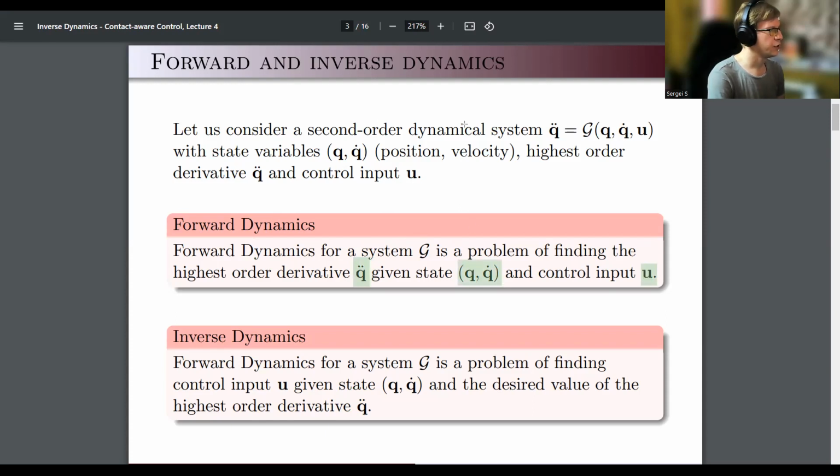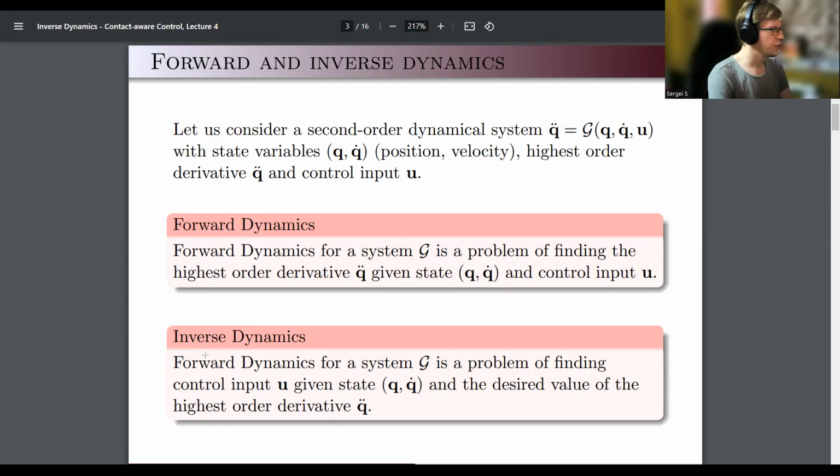So basically, here it is just compute Q double dot by evaluating the dynamical function. It is quite obvious what it is, so it doesn't appear very hard to deal with. Forward dynamics: find the higher order derivative for the system.